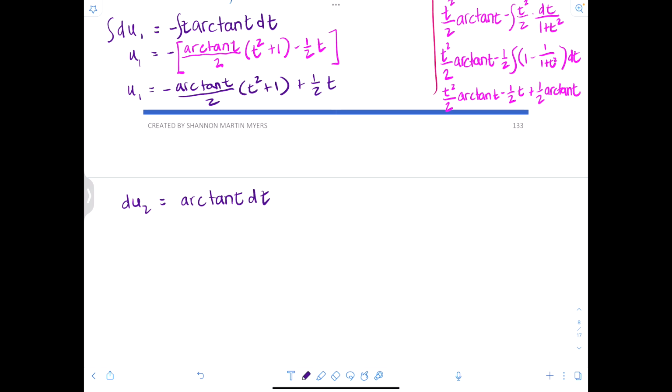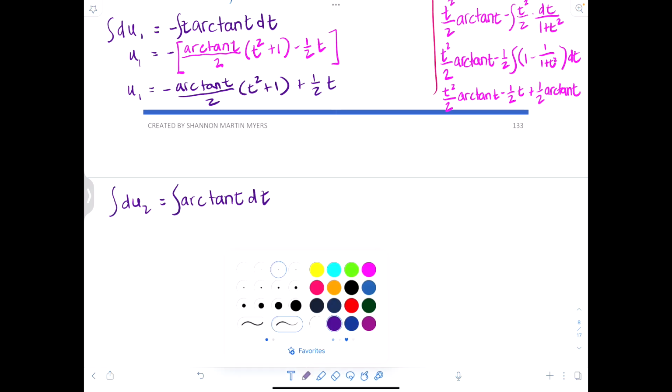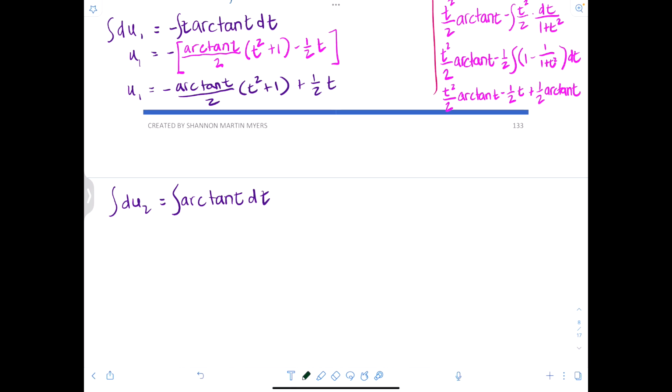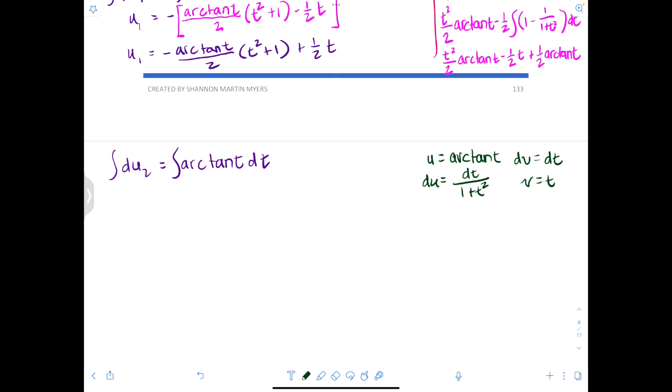So when I integrate, my next one will be u is arctangent at t, du is dt over 1 plus t squared, dv, this one's tricky, is just dt, so v equals t. So u times v will give me t arctangent at t minus the integral of v du, so t times dt over 1 plus t squared.